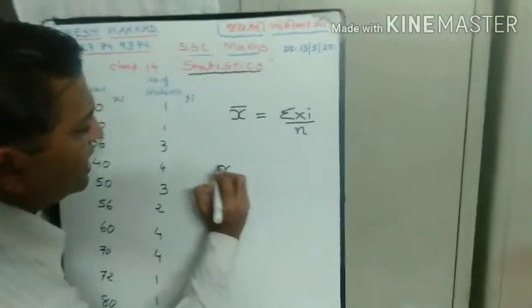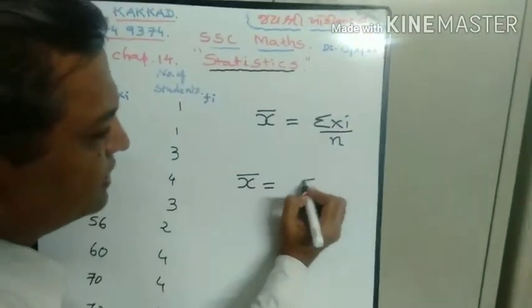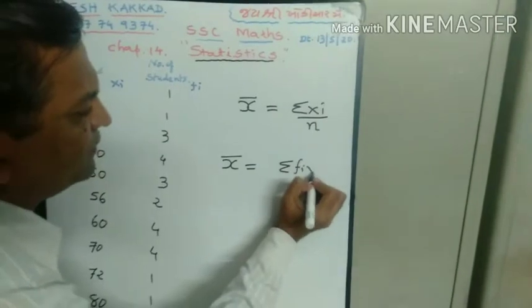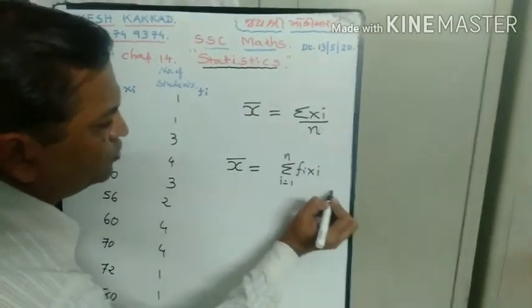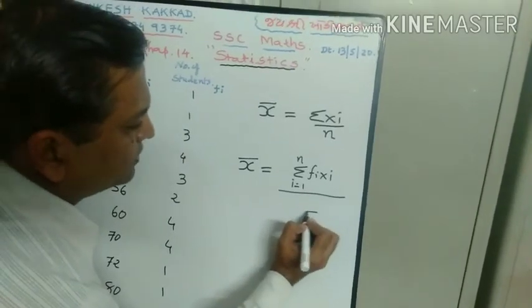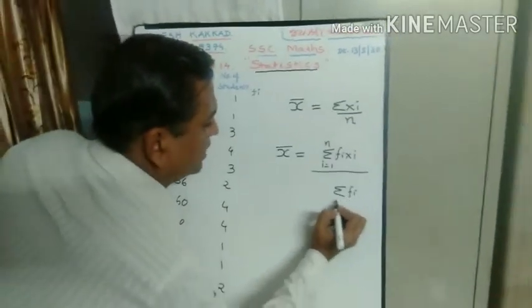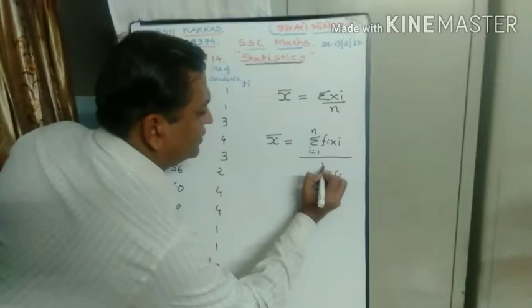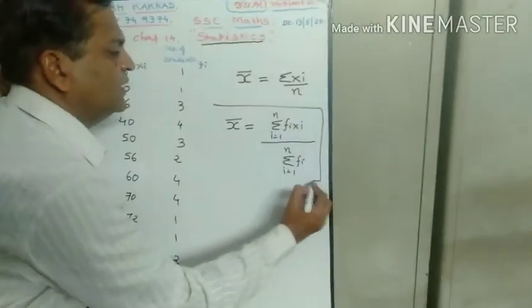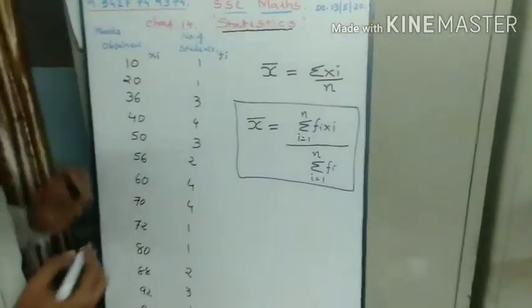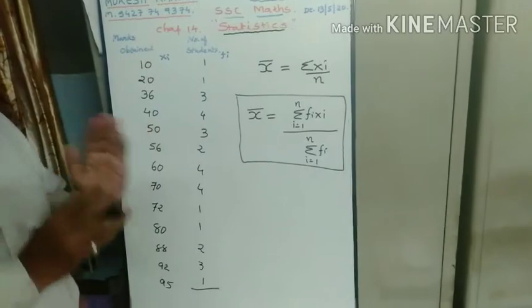And the equation will be x bar is equal to sigma fi xi from i is equal to 1 to n upon sigma fi from i is equal to 1 to n. This is the equation we will use in standard 10 for the classified information.